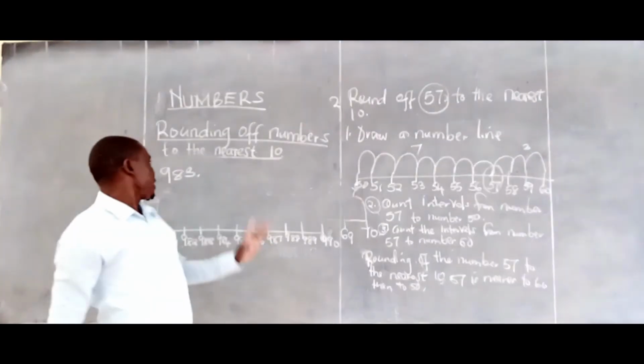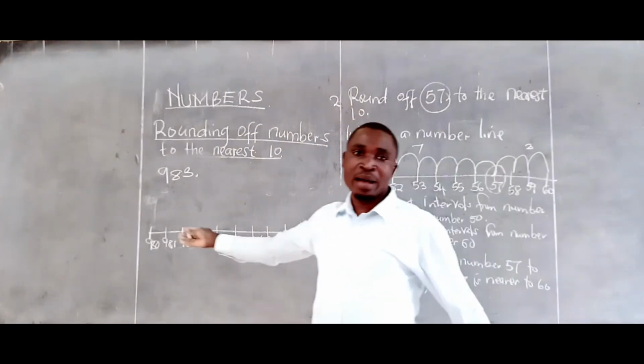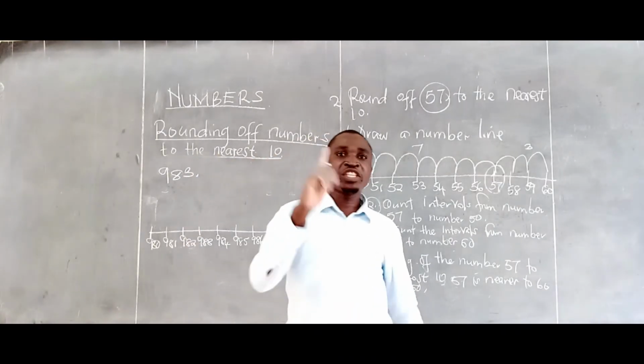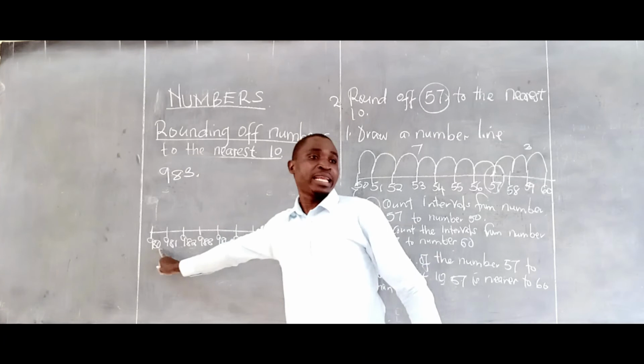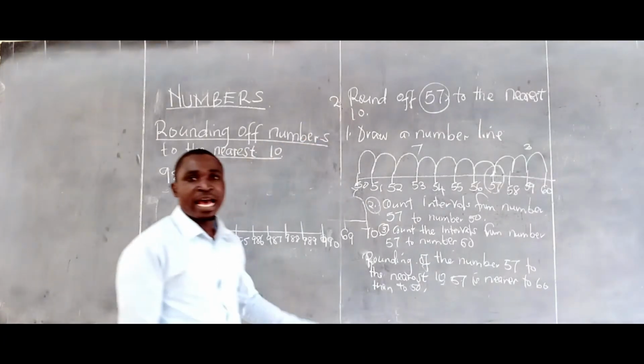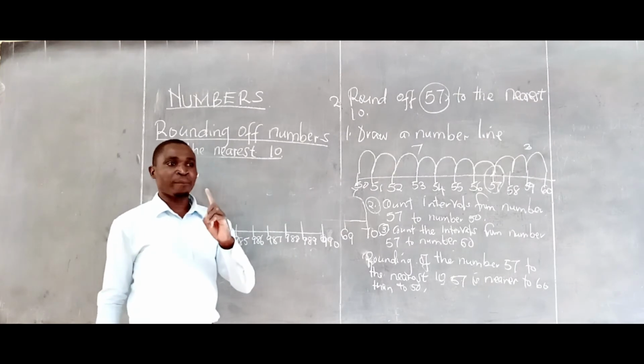Our number is 983. I have drawn a number line in which I have indicated several numbers from 980 up to 990. Now we have to be careful here.